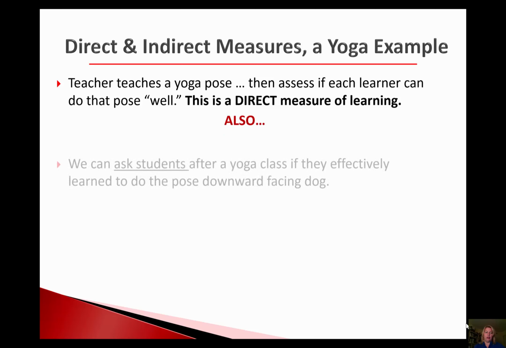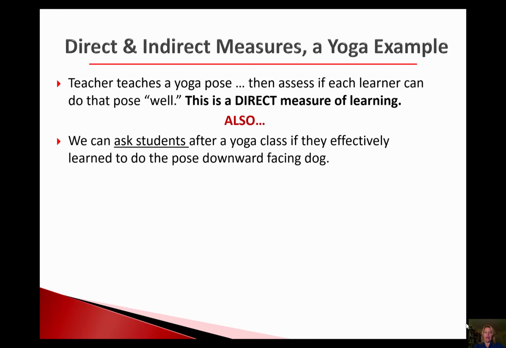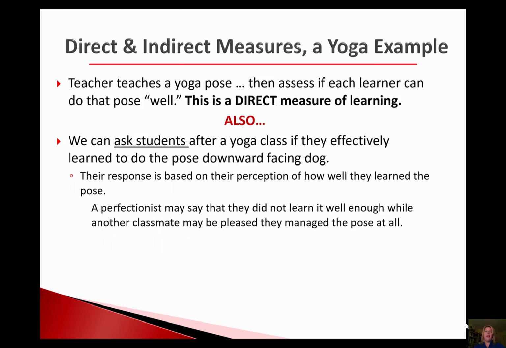Also, we can ask students after the yoga class if they effectively learned to do the pose downward facing dog. They could say yes, they could say no. That's an indirect measure. Their response is based on their perception of how well they learned the pose.